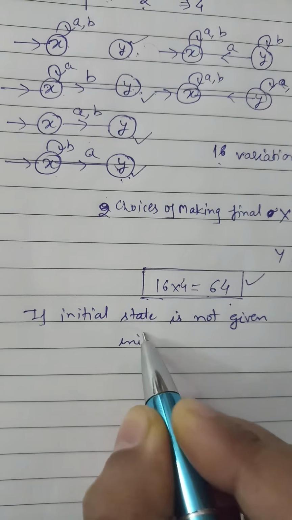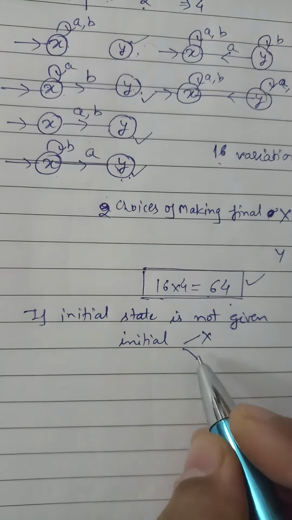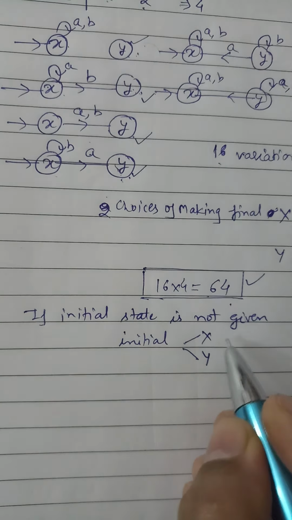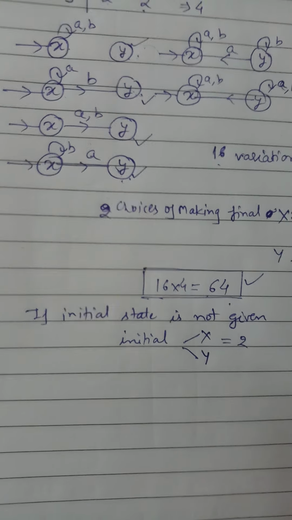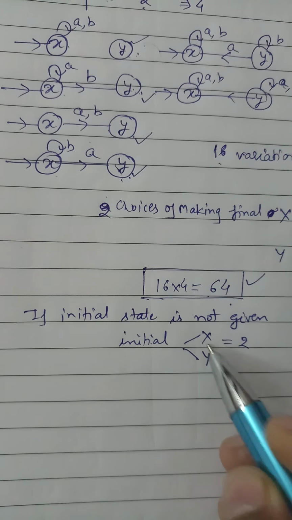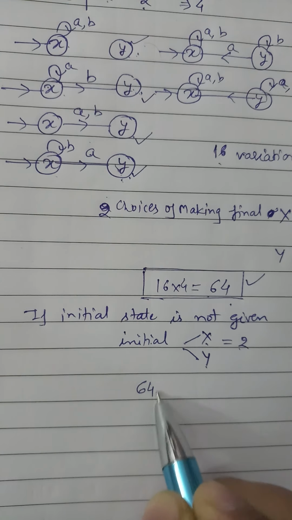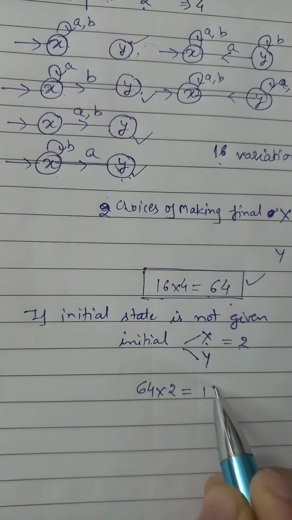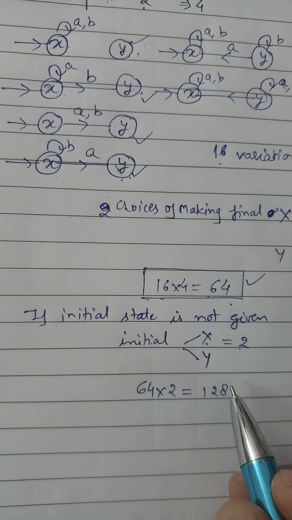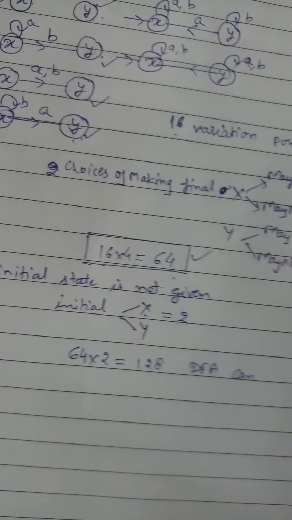Either it can be x or it can be y. So two choices are there. So 64 into 2, so 128 DFAs can be possible.